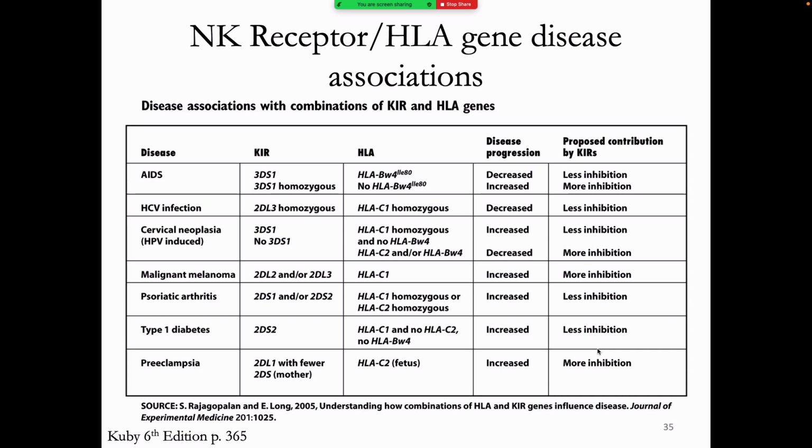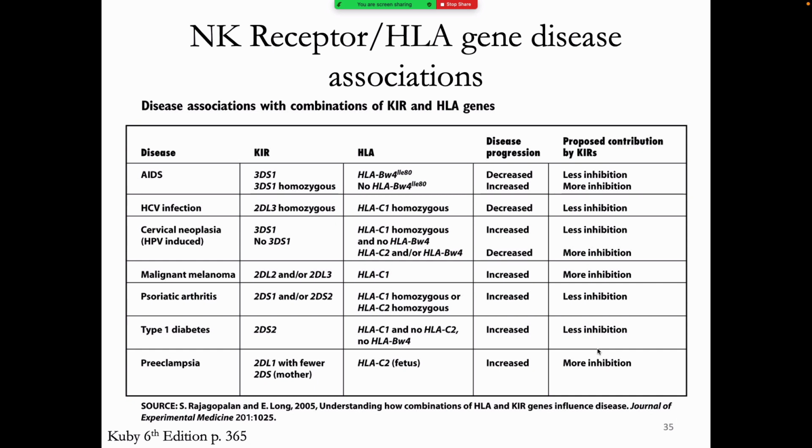So, for example, if you have, say, HLA-C, and you have the NK receptor 3DS1, then you're going to have worse cervical cancer caused by HPV. Whereas if you don't have 3DS1 and you have HLA-C1, you're going to have decreased cervical cancer.